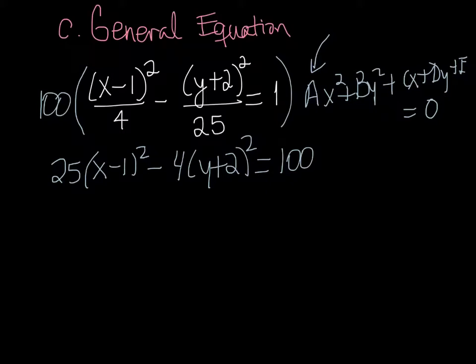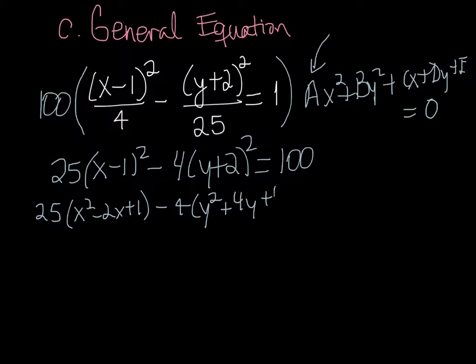Then we solve these squares. 25 is going to multiply the solution of this square. We apply the formula of the square of a binomial, so it's going to be x squared minus 2x plus 1, minus 4 times the solution of this, which is y squared plus 4y plus 4, and this is going to be equal to 100.